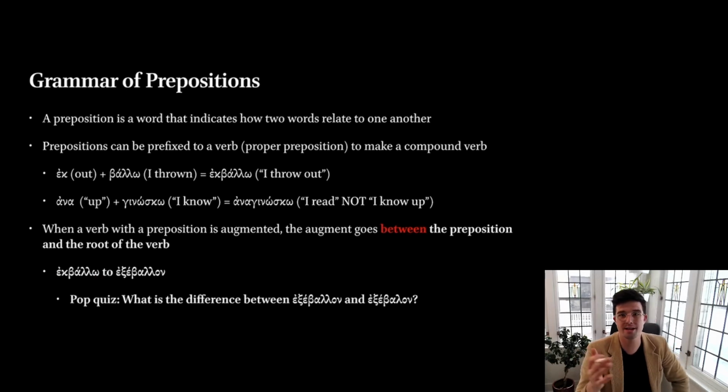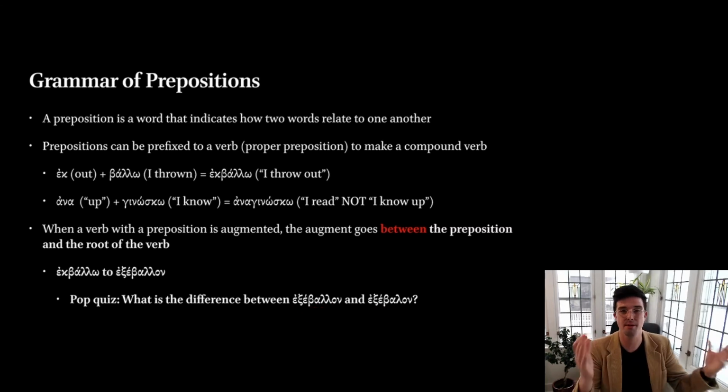What I'm going to do here is give you a very quick pop quiz, of course not worth any points. I've given you here this form of exebalon. Can you tell me what the difference is between exebalon and exebalon? First, let's spot the difference between the two words.